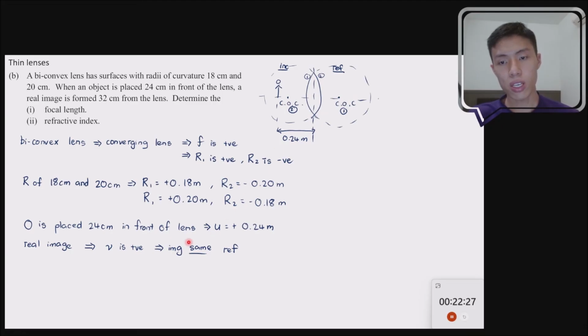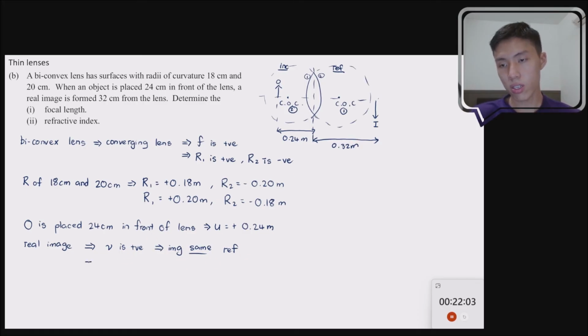So if your image is at the same side as the refracted ray, on the right, your image should be on the right hand side. So real image must pair with inverted. So that means this distance here should be 0.32 meter. Okay, so that's the first thing you can know.